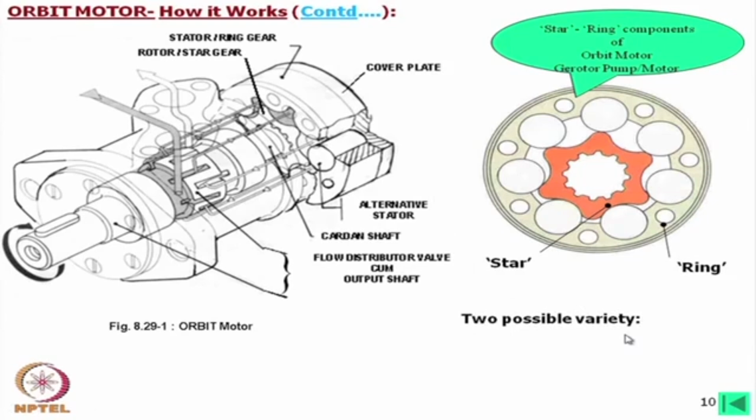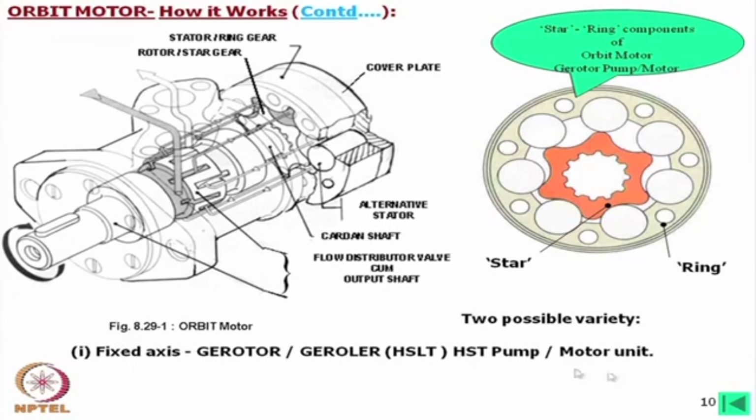Two possible varieties are there out of these star and ring. One is the fixed axis gerotor or G roller, a high speed low torque hydrostatic transmission unit, which is a pump or motor. In this case this axis is fixed, this is also fixed.